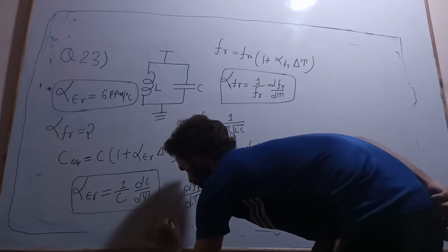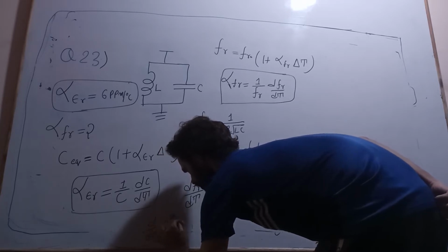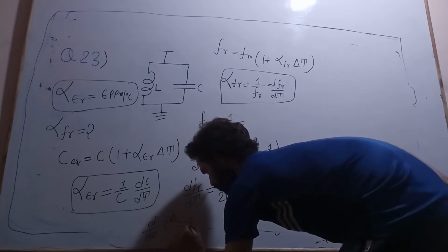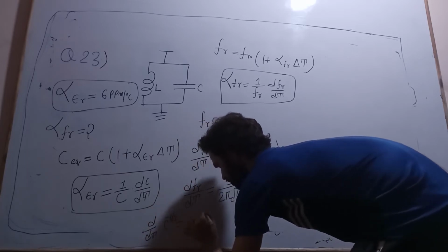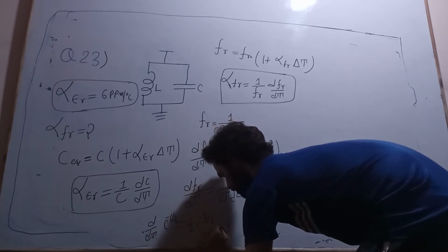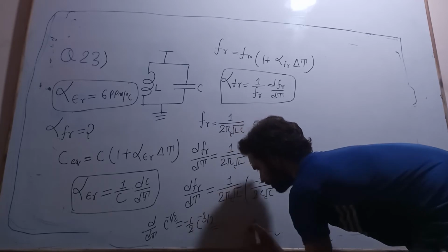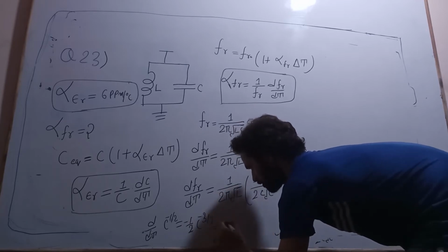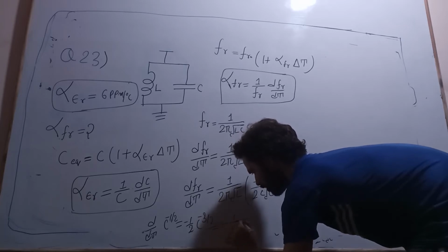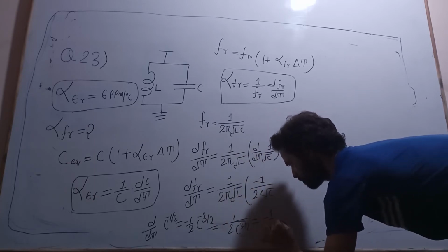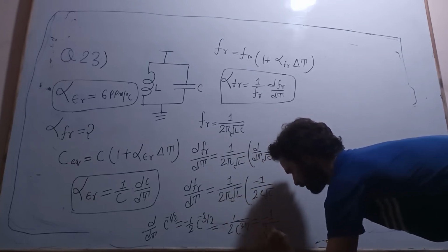C to the power minus 1 by 2, differentiated, is minus 1 by 2 into C to the power minus 3 by 2, and taking it in the denominator it becomes positive, so minus 1 by 2 C root C.